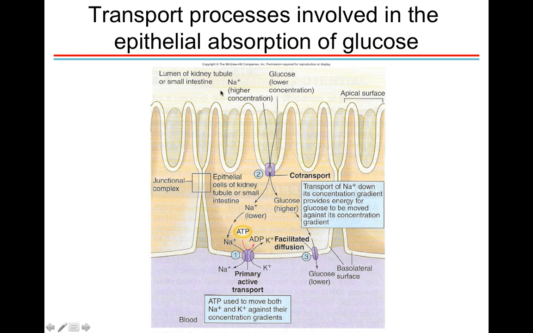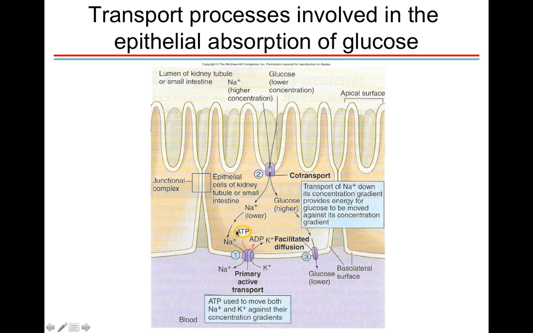So we call this membrane with these microvilli an apical membrane, and then the membrane touching the capillary is called the basolateral surface. So what I want to first highlight here is in the basolateral surface of the epithelial cell, we have a sodium-potassium pump, right?